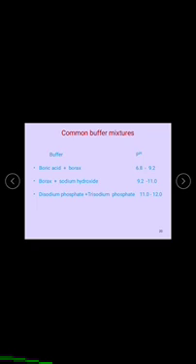These are the common basic buffer solutions, which can be prepared by the mixture of weak base and its salt of strong acid.